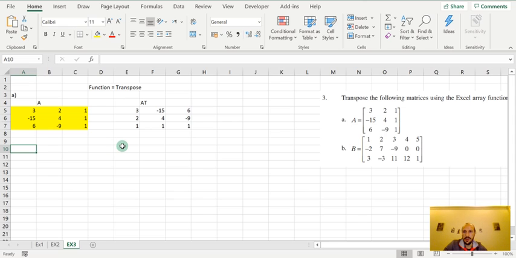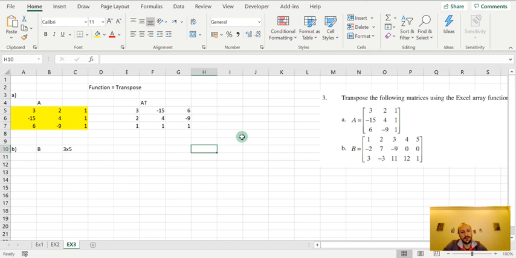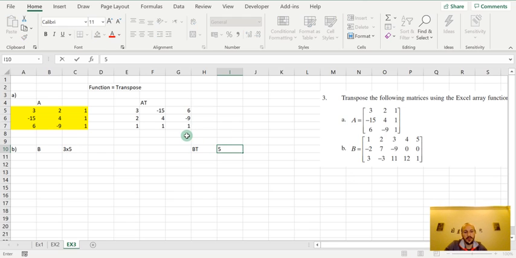Now B is more interesting. Before, it was a square matrix, so the transpose of a 3 by 3 is also a 3 by 3 matrix. Here B is a bit different because B is a 3 by 5 matrix. So the transpose of B, since we are switching between the lines and columns, we expect that it will be a 5 by 3 matrix.